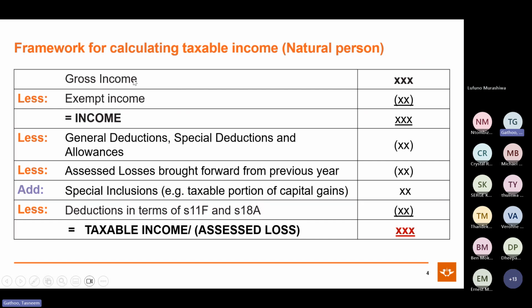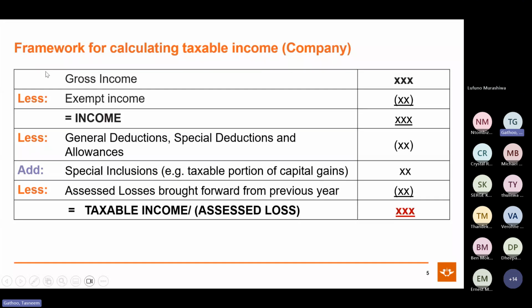Then we looked at the overall framework for a natural person, which starts off with gross income less exempt income gives you income, and the same for a company. It starts off with the same basis of saying gross income less exempt income gives us income.